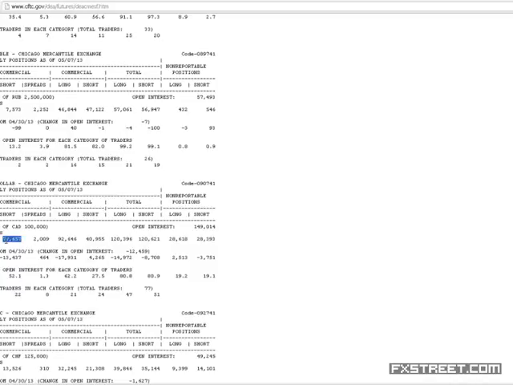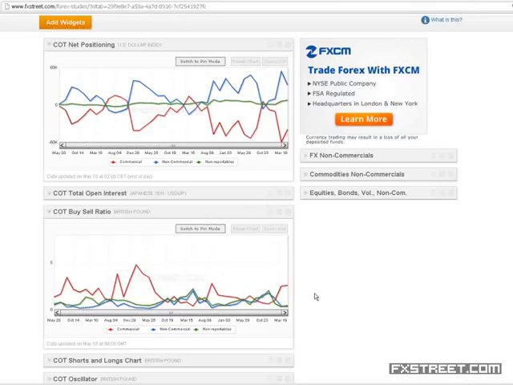Since open interest changes, and the number of contracts changes, you may have an extreme positioning that is not associated with a very wide difference between longs and shorts. And this study, the BuySell ratio, helps you take a little bit more information out of that data.